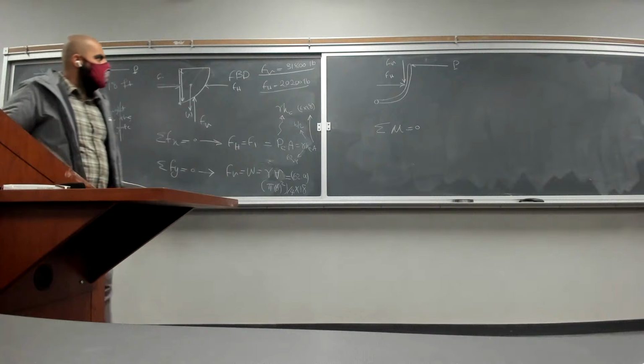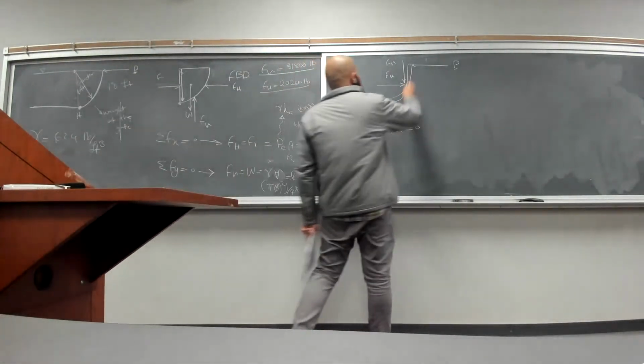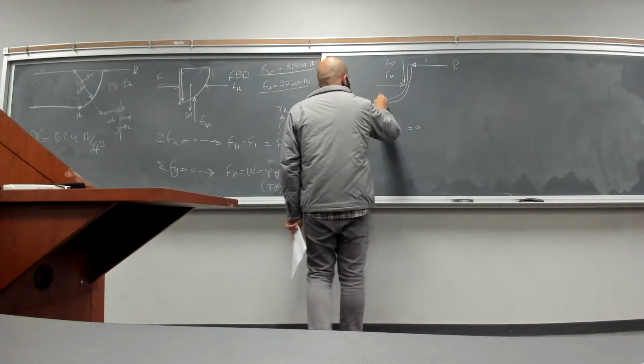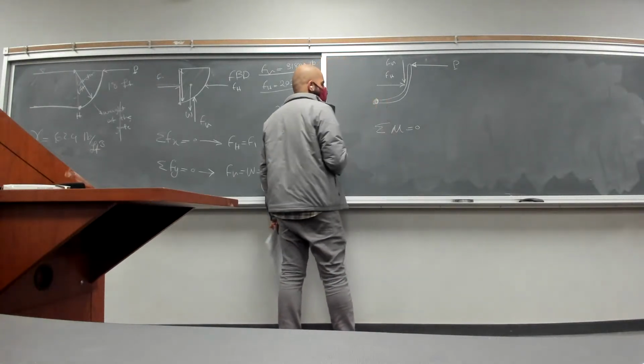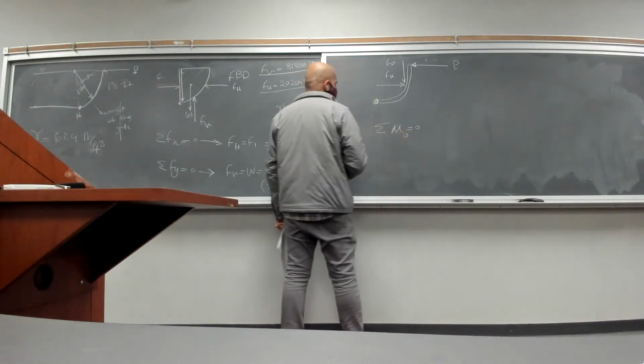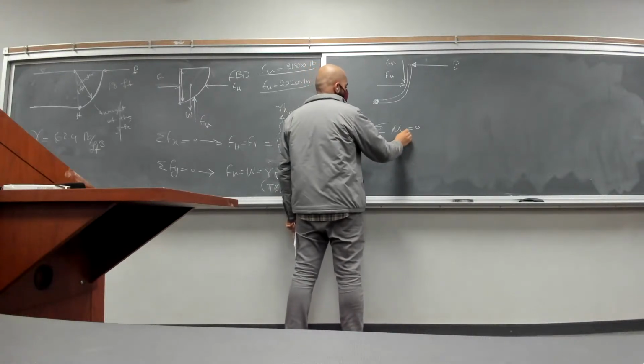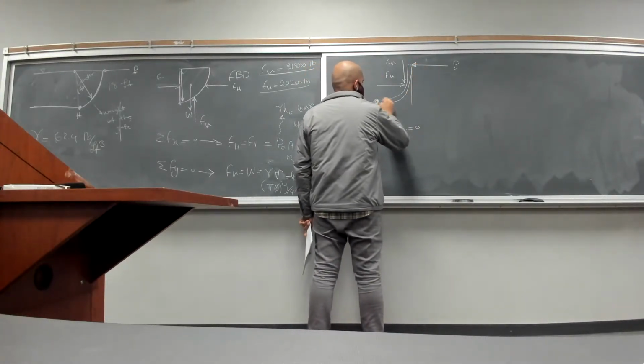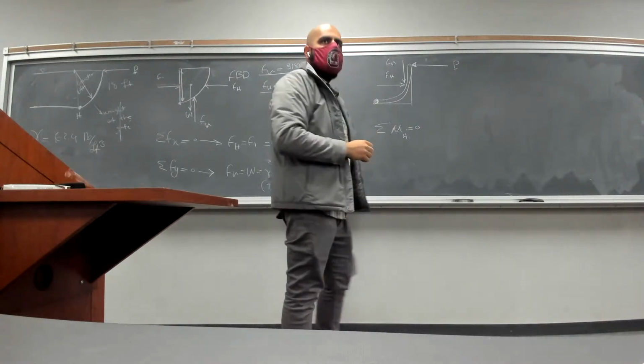But we know what is the arm of this force, right? The moment on this hinge has to be 0. Let's call it sigma M of O, or M of H, whatever you want to call it. The arm of this force that is creating the moment is going to be 6 feet.